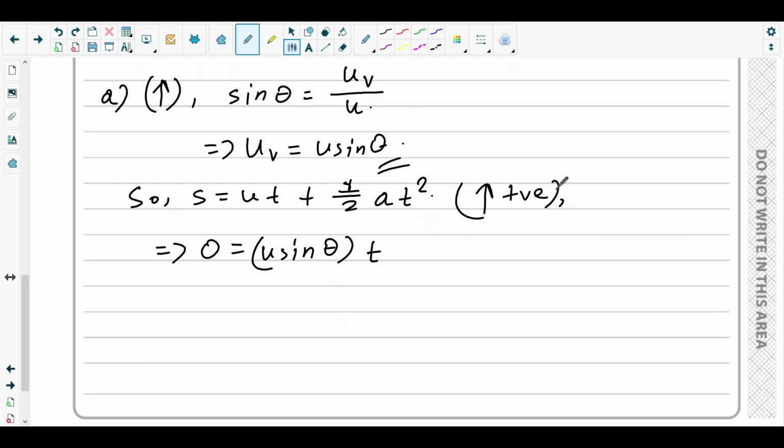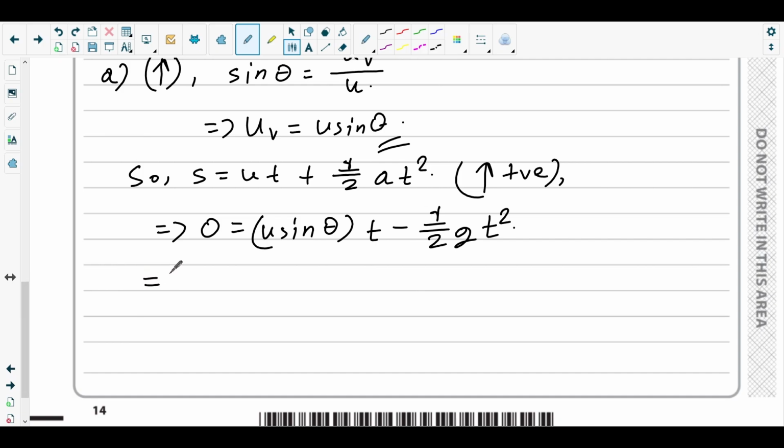Since upward is positive and gravity is acting downward, it will be negative half g t squared. Now we need to figure out the value for t, the total journey time. So take t common, and you will get u sine theta minus half g t equals 0.